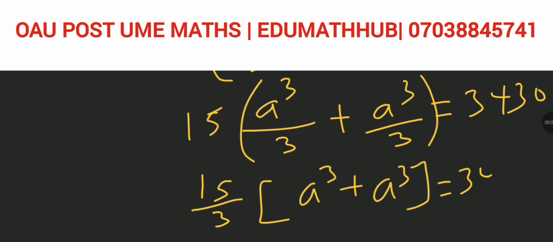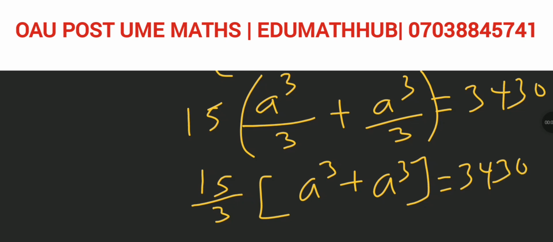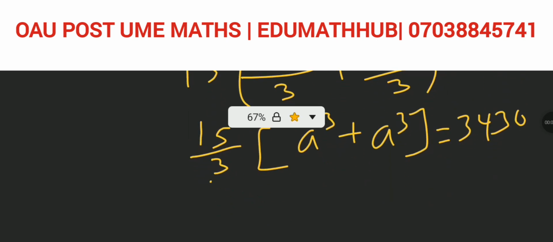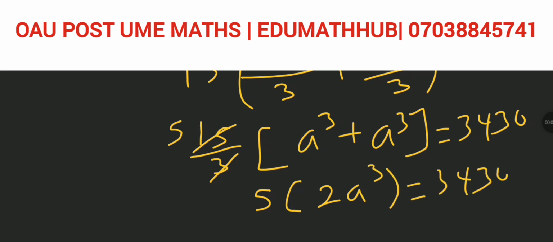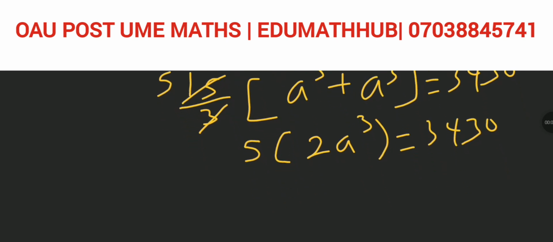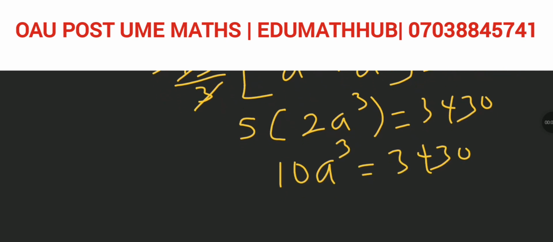Then you have 3430. So let's divide. 3 in 15 will give you 5. So 5 into, if you add these two, we get 2a raised to power 3 is equal to 3430. Then you multiply. 5 times 2 is 10. Divide both sides by 10.